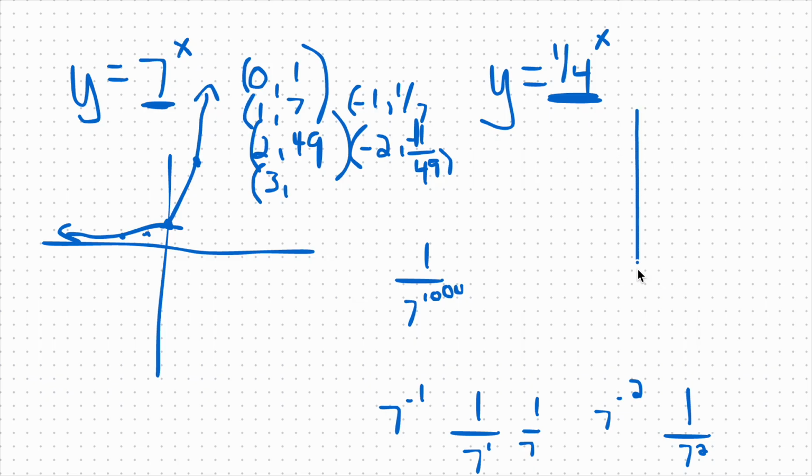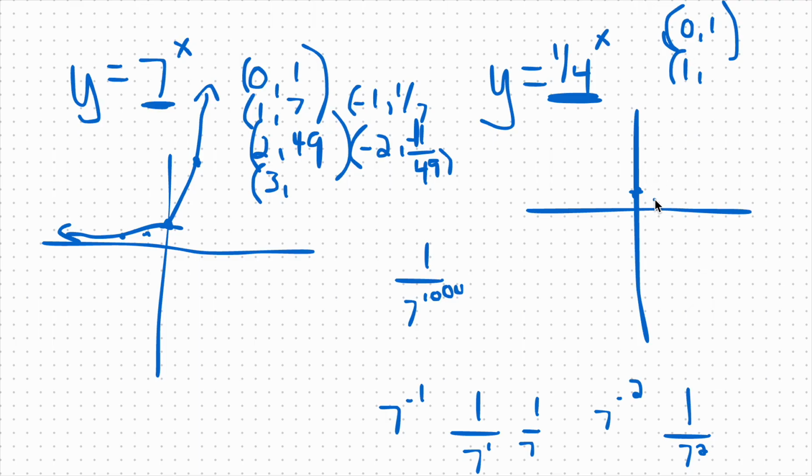Let's come over here, y equals 1/4 to the power of x. So if I plugged in 0, 1/4 to the power of 0 is going to be 1. Once again, my y-intercept is 1. If I plug in 1, 1/4 to the power of 1 would be 1/4.